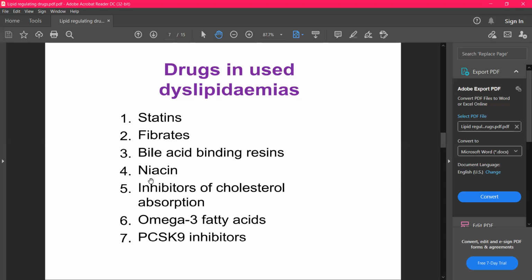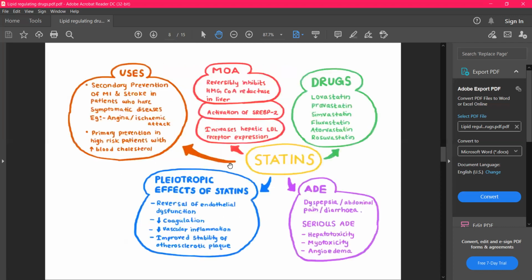Niacin is not so important. Inhibitors, a little bit of these. So mostly I'll be focusing on statins, fibrates, resins, and ezetimibe. Why? Because they are commonly used, and the mechanisms of action are kind of important to know.